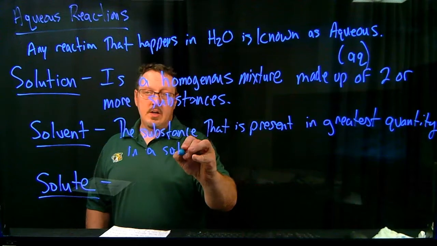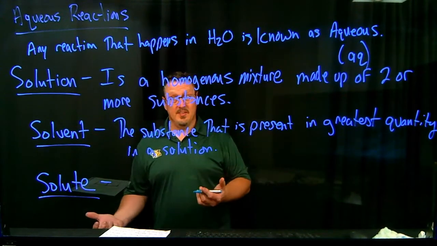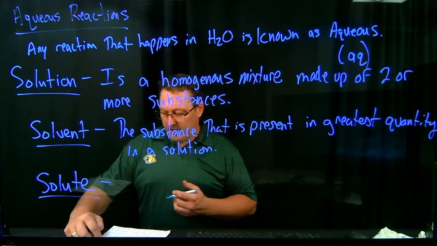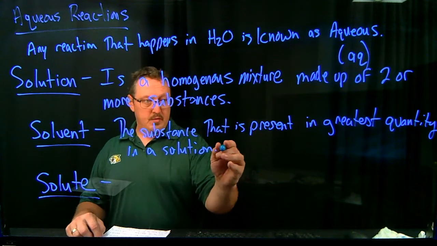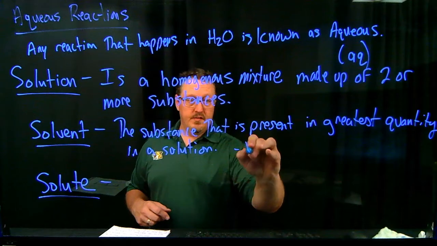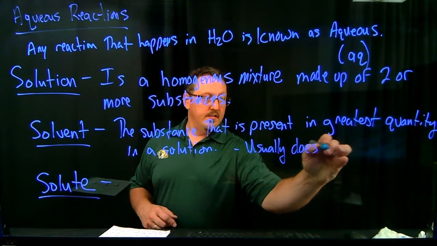Whatever you have the most of that makes up that solution is going to be your solvent. So that's that. With a solvent, we also want to say that this is what does the dissolving. So it usually does the dissolving.